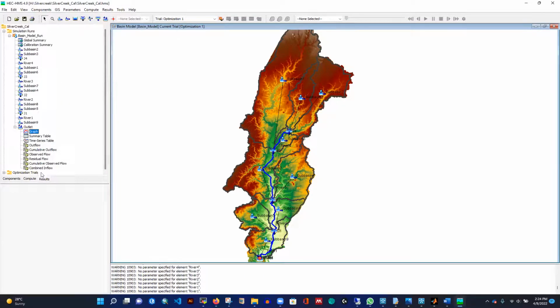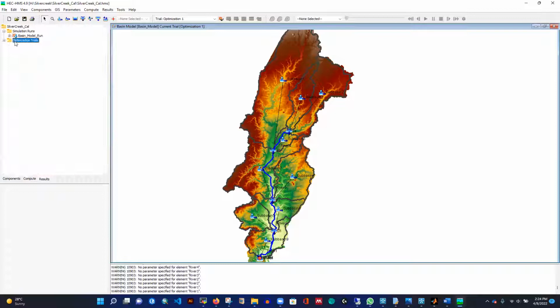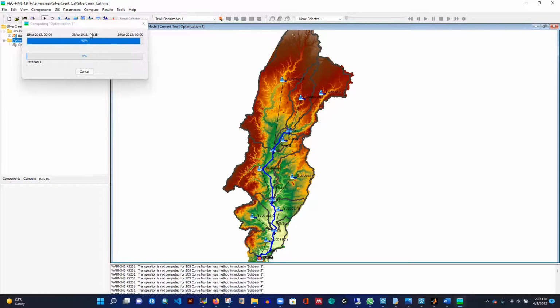Okay, and now what we have to do, we don't have any trial run right now, right? So we have to select that and hit it. Then it started the optimization process, and it will take a while because we specified our maximum number of iterations is 100, and we added all these calibration parameters from basins, right?